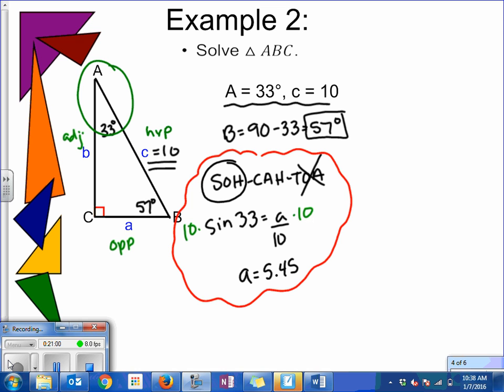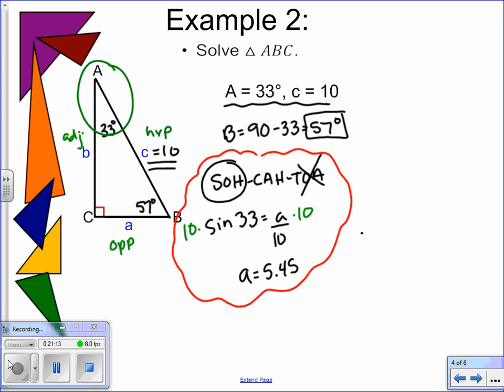I have a question about the Pythagorean. Now that we're measuring, can we take the square root of the decimal and round? Yes. Once we get the square root? No, now you should take the square root of it. So like, we would do something like 5.45 squared plus b squared equals 10 squared.